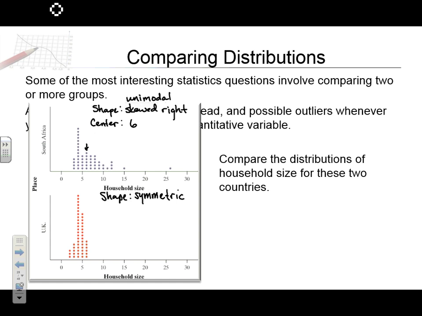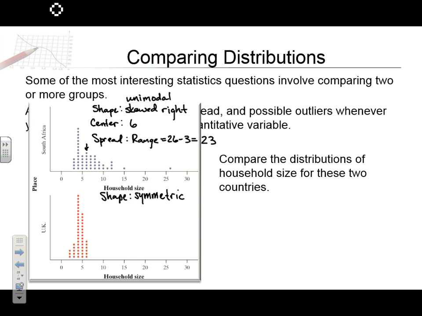Okay, range, so if I talk about spread, let's just do that while we're here. If I wanted to calculate my range here, my highest value appears to be about 26 or so. My lowest value appears to be 3. So we would take 26 minus 3 for a range of 23.